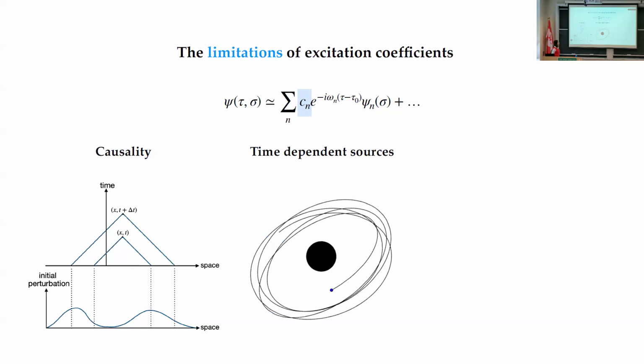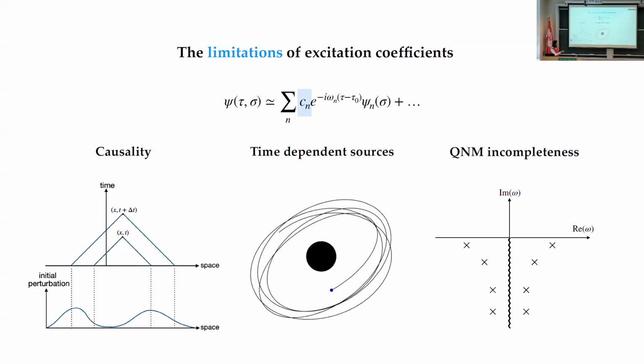They also don't take into account the fact that we might have time-dependent sources like the particle that will eventually generate the ring down on the right-hand side of the Teukolsky equation. And they also don't account for quasi-normal mode incompleteness, which I left very unspecified with those dots on the right-hand side.